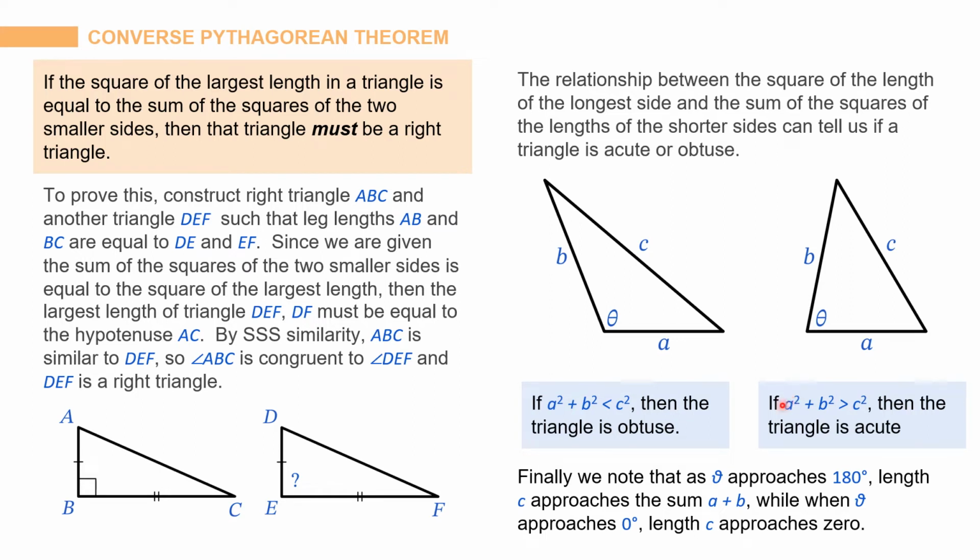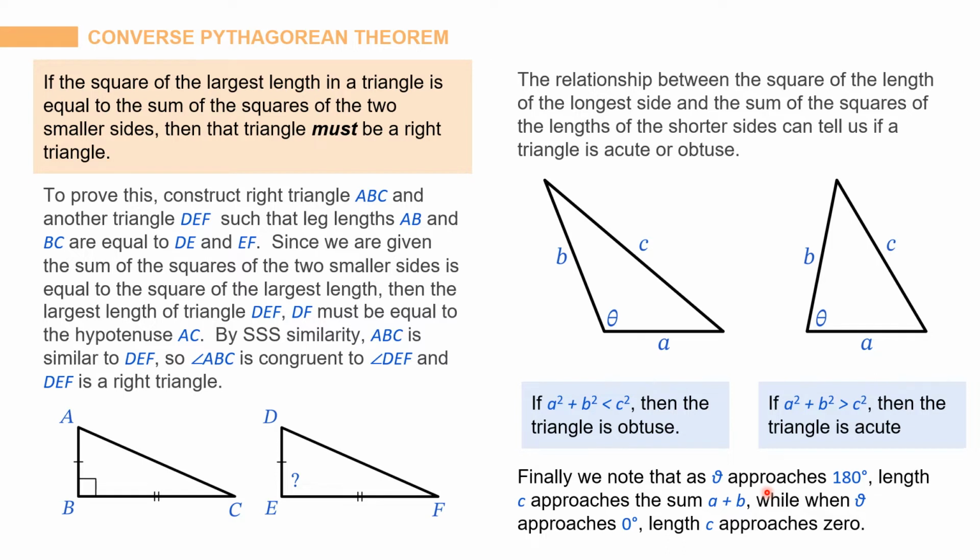On the other hand, if a squared plus b squared is greater than c squared, then this angle theta is less than 90 degrees, and the triangle is said to be acute. Finally, note that as theta approaches 180 degrees, length c approaches the sum of a plus b.